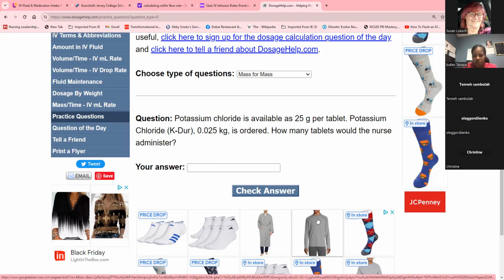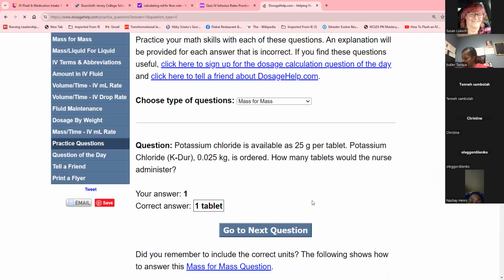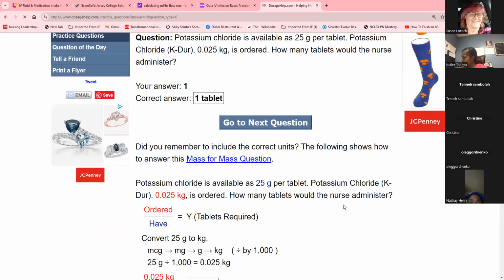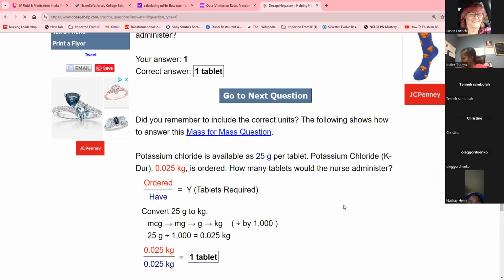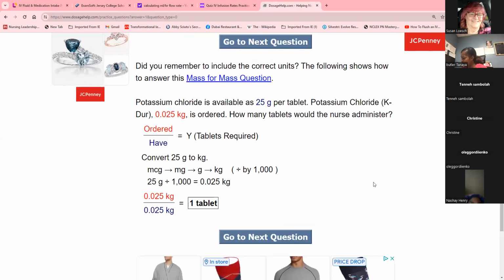Is it one? That's what I got. Is that what everybody else got? Okay, here's your calculation down here. Again, they're going grams to kilograms, because they're converting the order, all right?